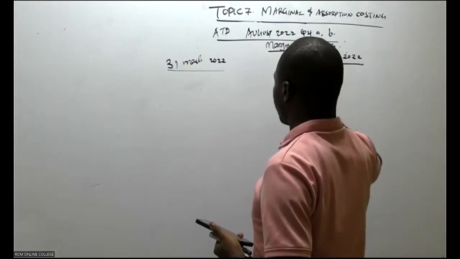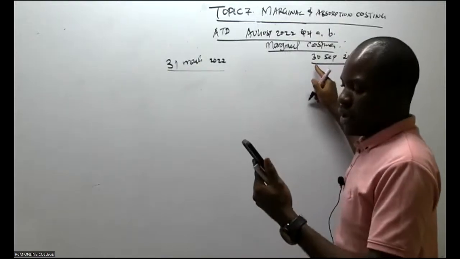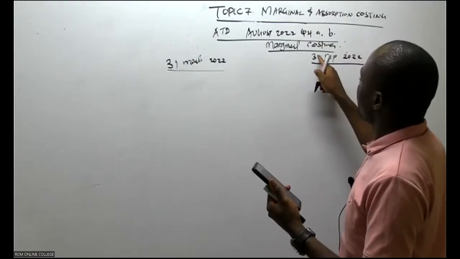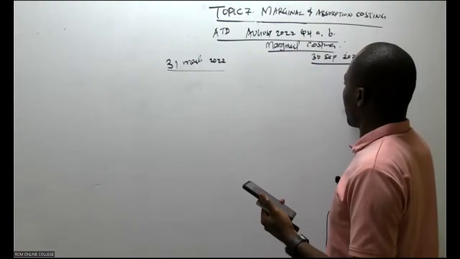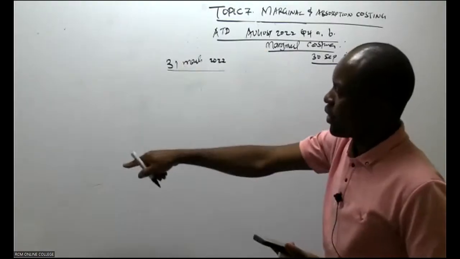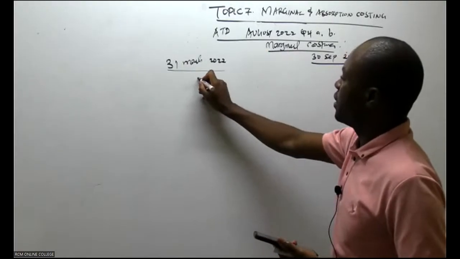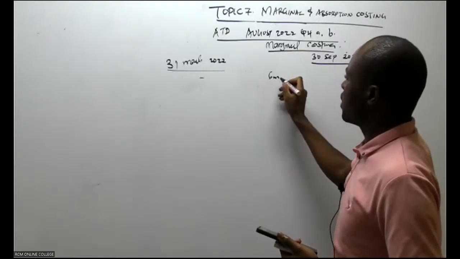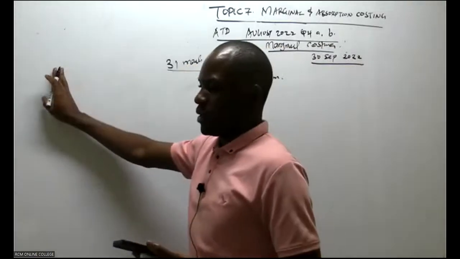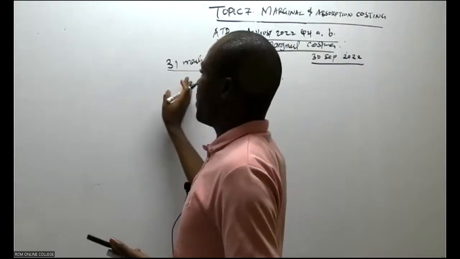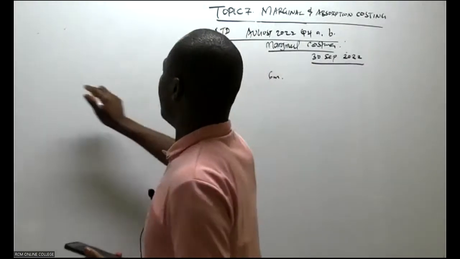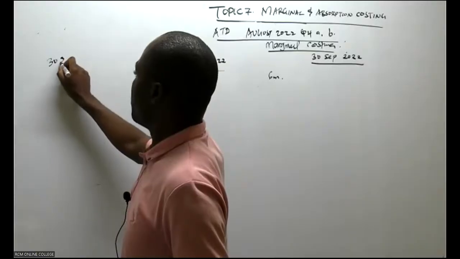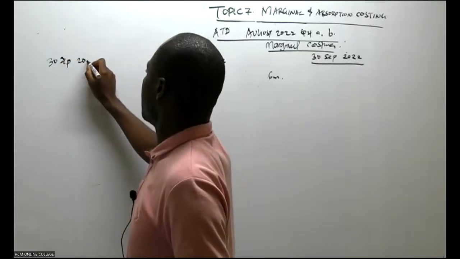So when we are being told that there was no opening inventory on 1st of October, the next day of the previous period. From here to here, we have 6 months. Now count 6 months backwards. You're going to find that you'll have 30th of September, but now 2021.